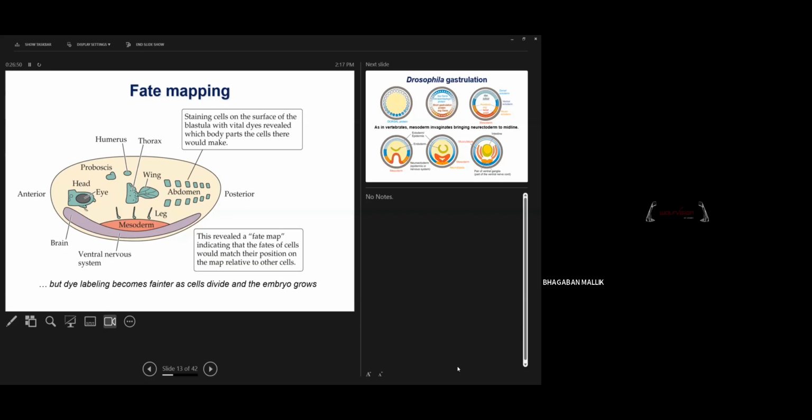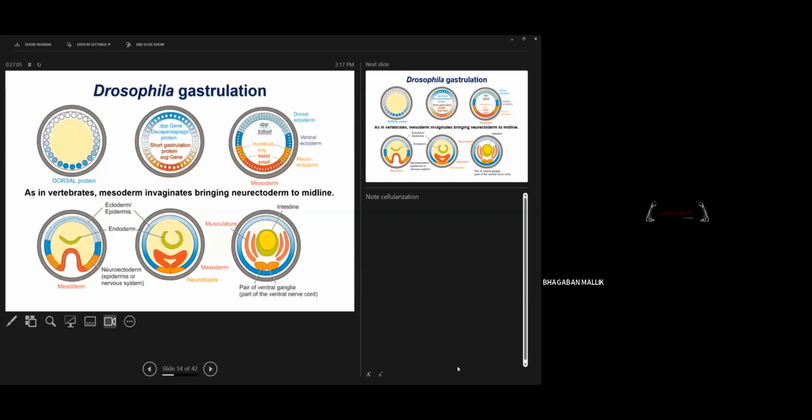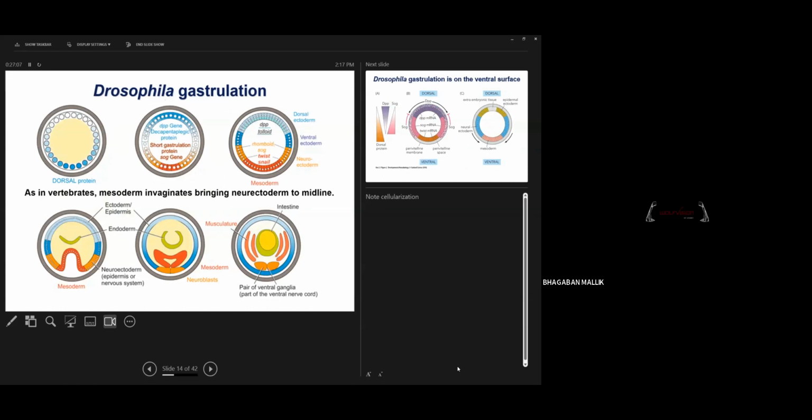In mammals, you have the neural tube on the dorsal side of the animal, where you have the nervous system. In invertebrates like Drosophila, you have the ventral neural tube on the ventral side. So let us talk about how gastrulation happens during development.